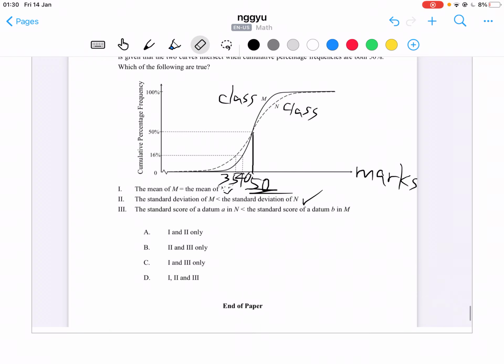Statement number 3. Okay, we don't want 35 and 40 in this question. We want our A and B back.